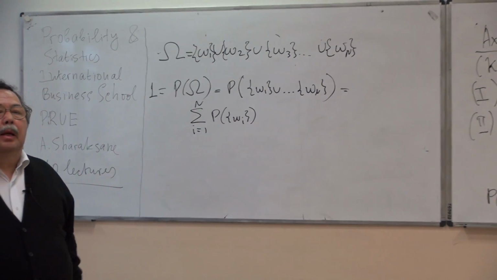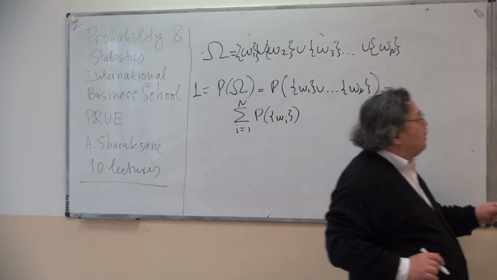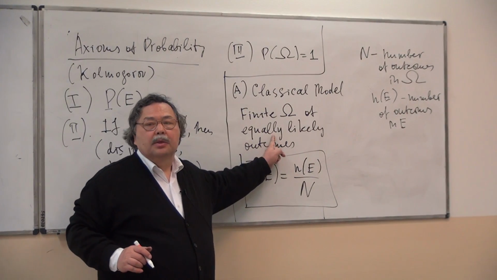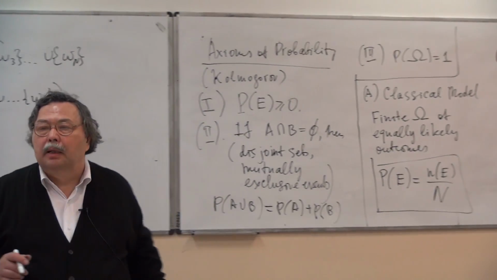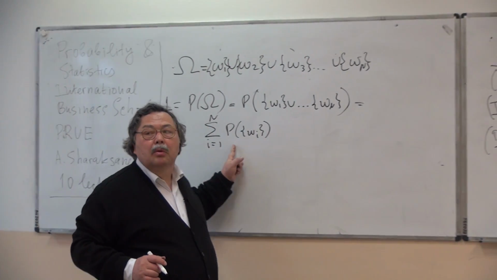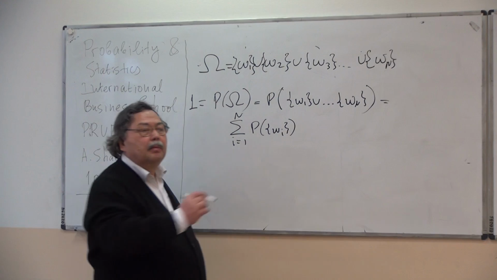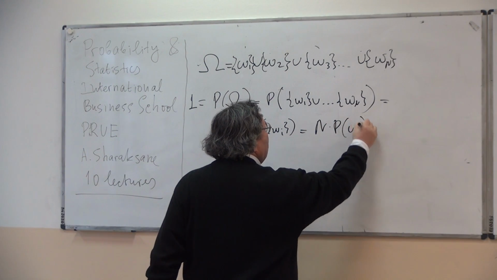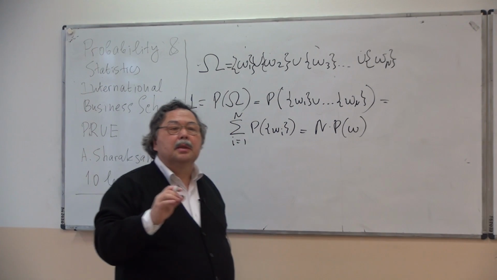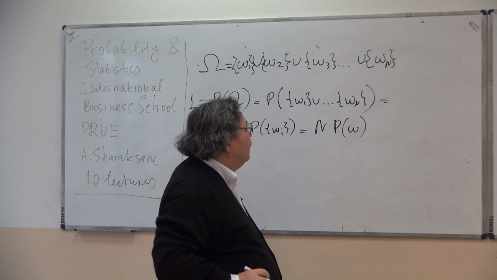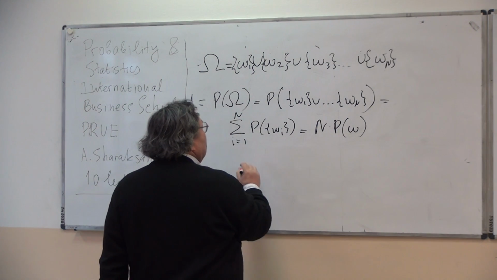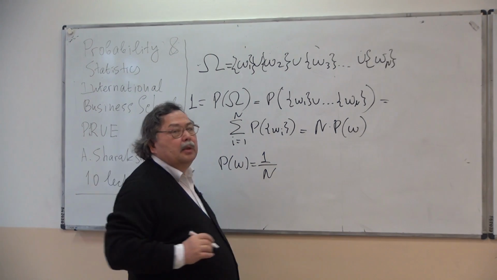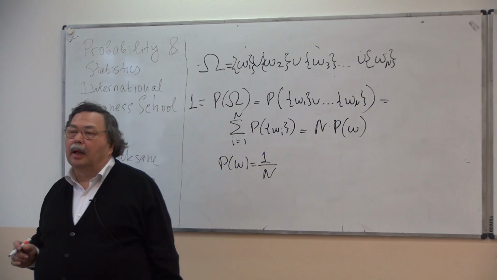Okay? So we have used this condition, finite omega, and now it's time to use this other condition, that the outcomes are equally likely. So in this sum, all the terms are the same, actually. And using this, we can write it this way. Okay? So this is N capital multiplied by the same number. And this must be equal to 1, from which the probability of each outcome is 1 over N capital.